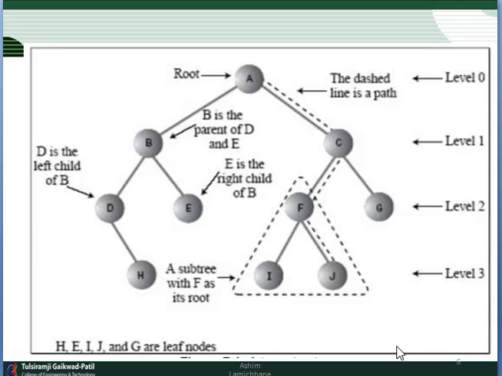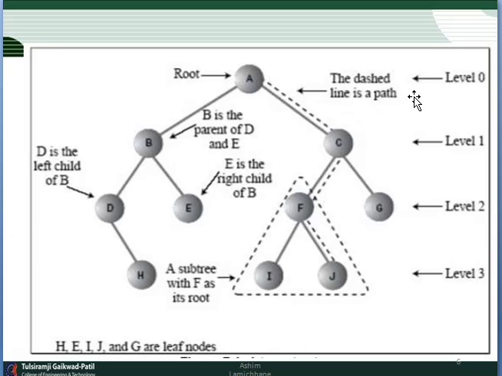Root is called A, or A is called the root in the given diagram, where A has two children, B and C. B is the parent of D and E. Since B has two different children, D and E, we can say B is the parent of D and E, where E is the right child of B and D is the left child of B. On the left hand side there is one node called D, and on the right side of B there is one node called E. So we can definitely say that D is the left child of B and E is the right child of B. There are four different levels.